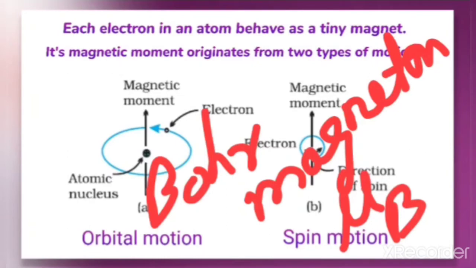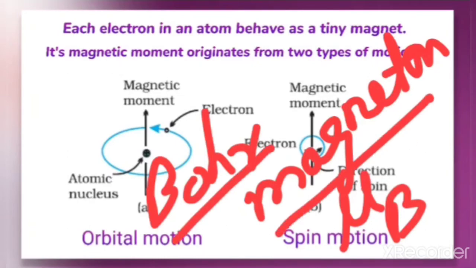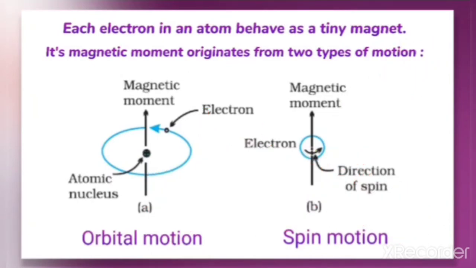It is measured in the Bohr magneton, which is equal to 9.27 into 10 raised to the power minus 24 ampere meter square. So on the basis of the motion, we can say that it is associated with a magnetic moment.